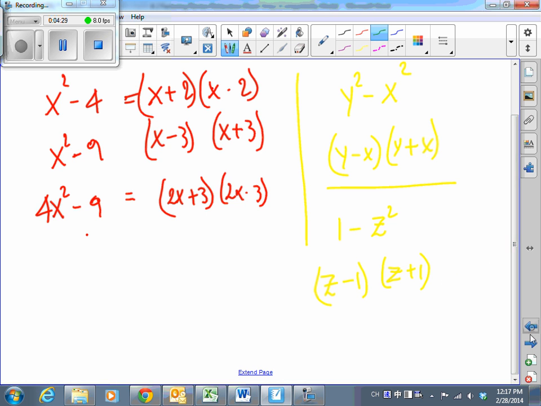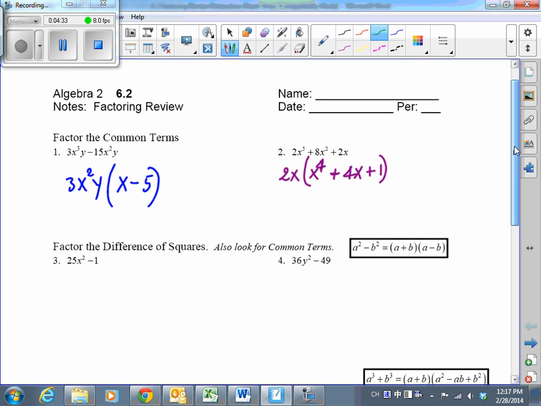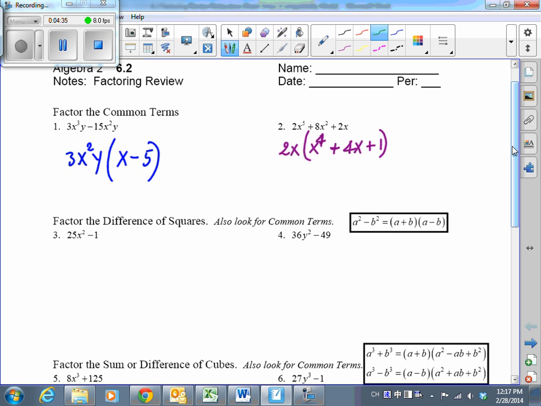Let's go back to this. This will be a piece of cake now that we practiced. The z was the one with the negative in front. How about this? Now that you know it, what is it? 5x plus 1 and 5x minus 1. Very good.